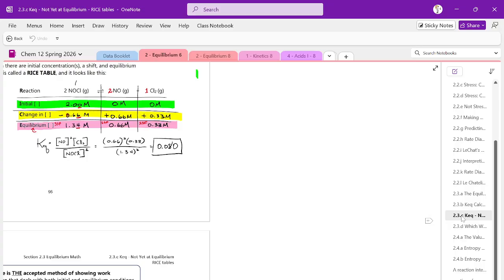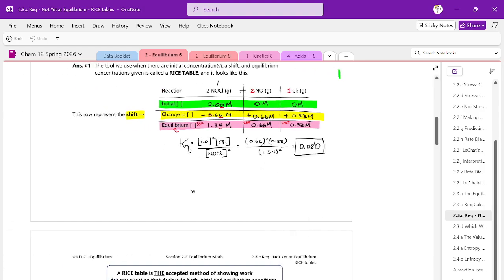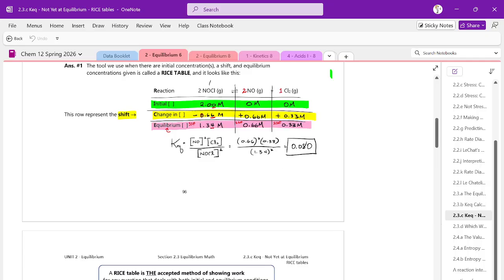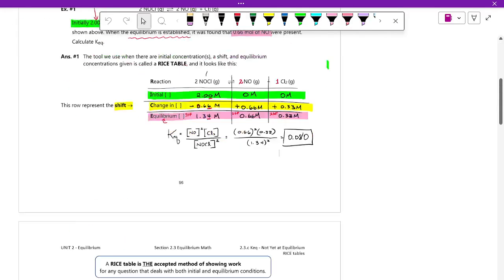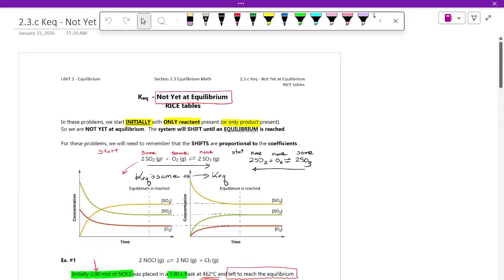Okay. So last day we had just started looking at situations where we are not yet at equilibrium. This was on page 96.